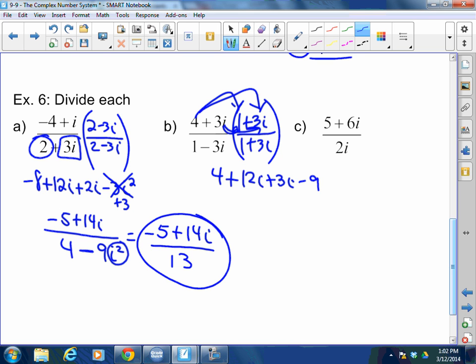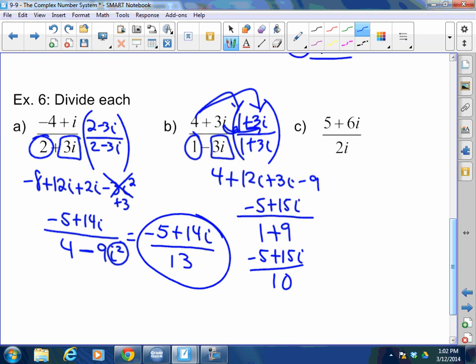That's negative 5 plus 15i over the first term squared minus the second term squared. 9i squared, which is a negative 9, so that's positive 9. So that's negative 5 plus 15i over 10. I could take a 5 out of everything, so I got negative 1 plus 3i over 2.